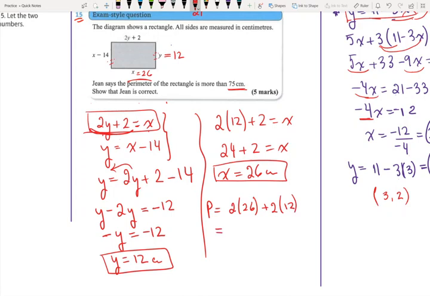So the answer is going to be 52 plus 24. So the perimeter is equal to 76 centimeters. And John says the perimeter of the rectangle is more than 75 centimeters, hence John is correct.